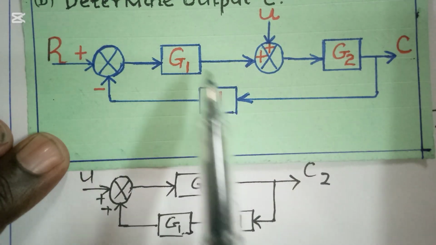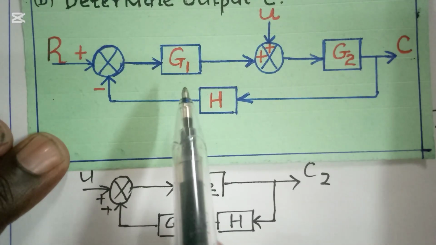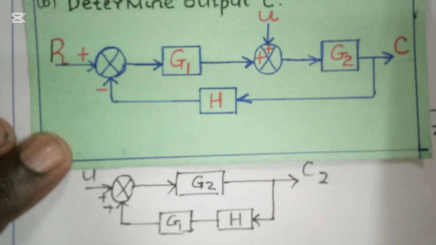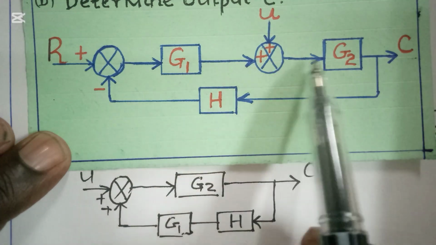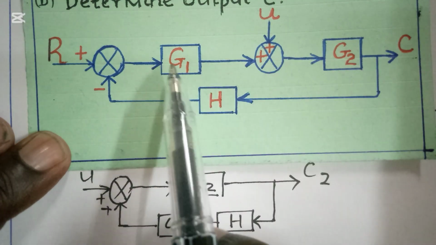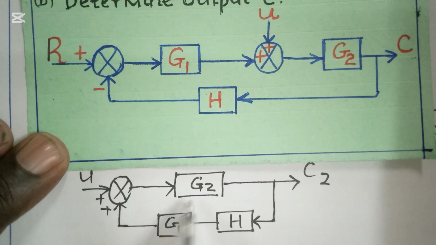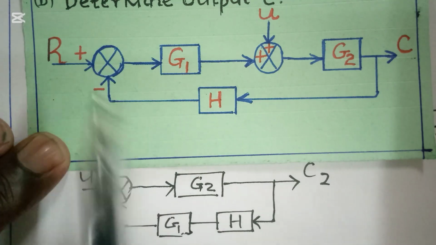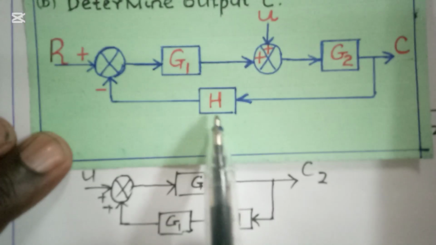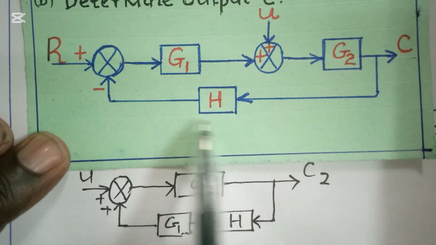Then the G1 is supposed to be at this position, because as you can see, G2 is ahead, G1 is behind, just as I can show you here. G2 ahead, G1 behind. Since we have removed this, we shall have H. This H is what we are going to have.